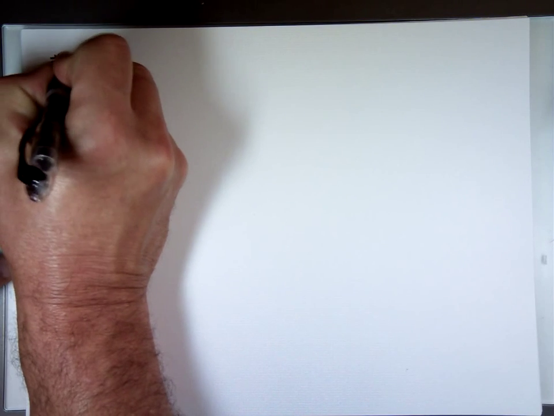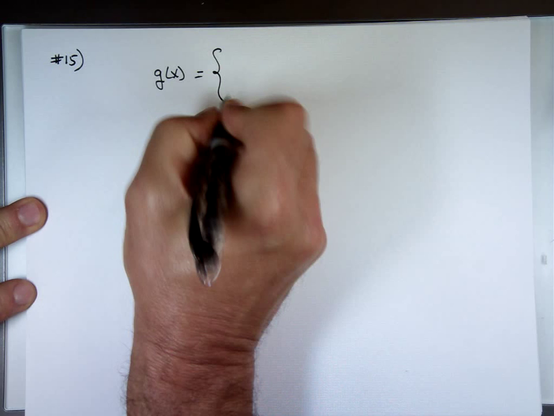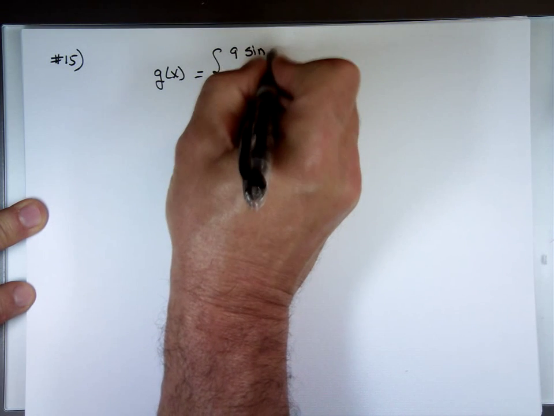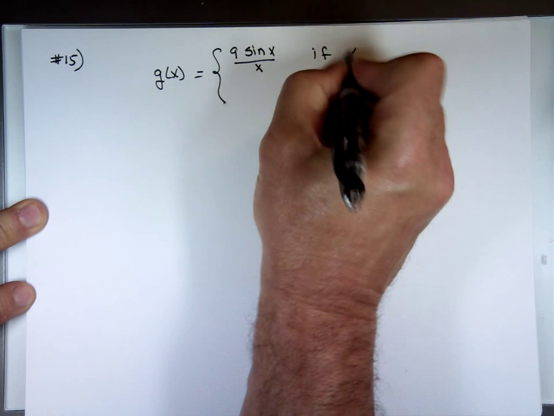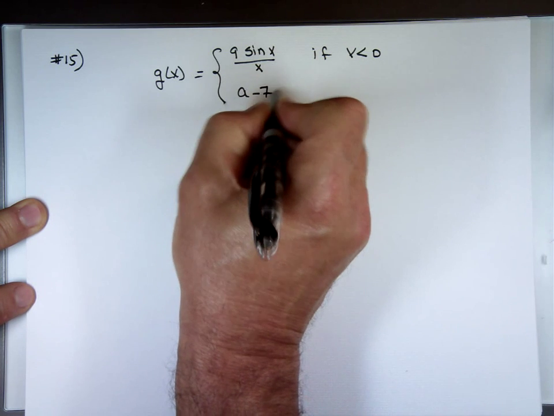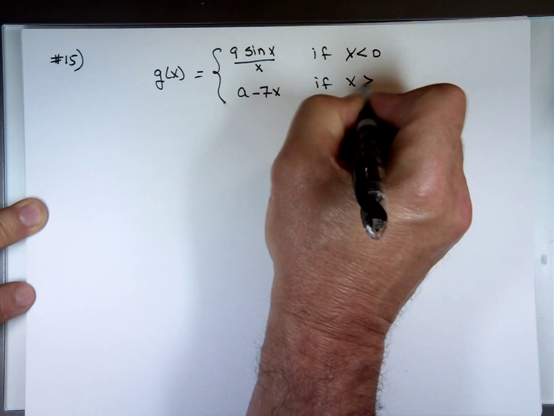Let's continue with the problems. The next one was number 15. g of x equals a piecewise function. It looks like this: 9 sine of x over x if x is less than 0, and a minus 7x if x is greater than or equal to 0.